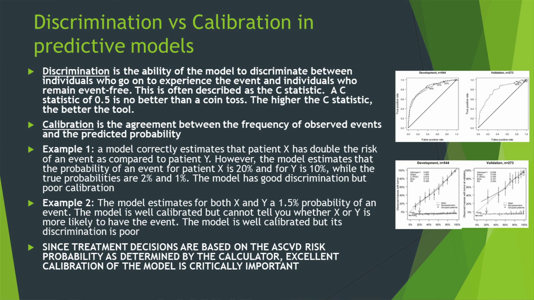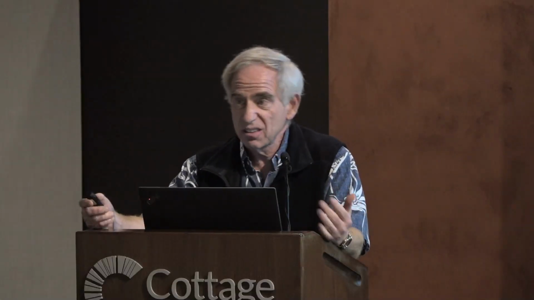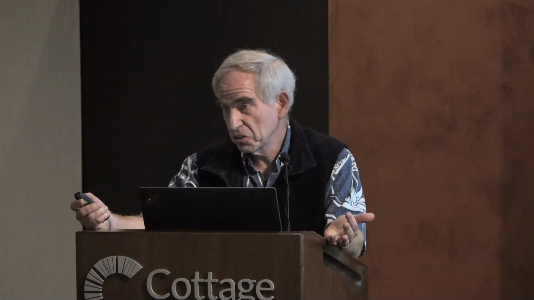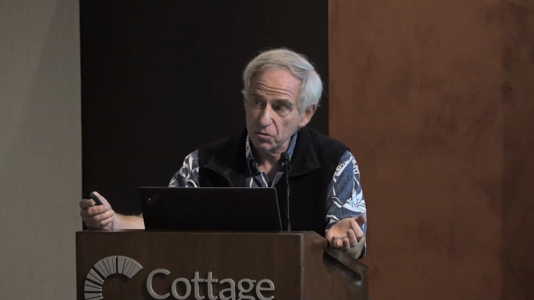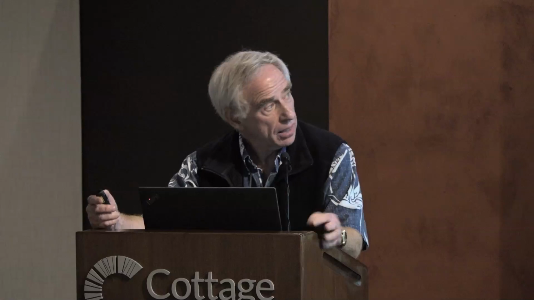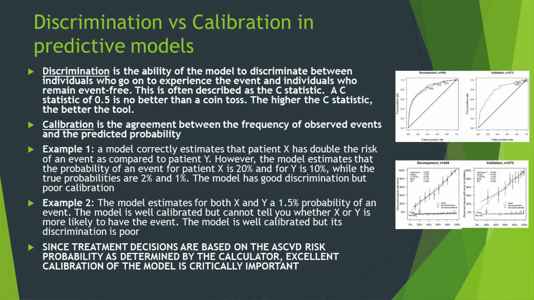A C statistic of 0.5, the line of identity on these graphs, is basically no better than a coin toss, just to give you a reference. 0.6 is considered moderately good discrimination. 0.75 or higher is considered good discrimination, okay? And it really is talking about the area under the curve. That is really what it's calculating.